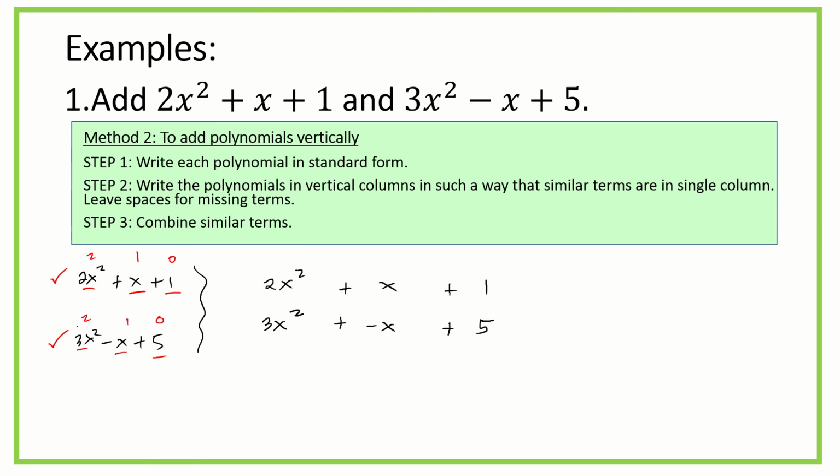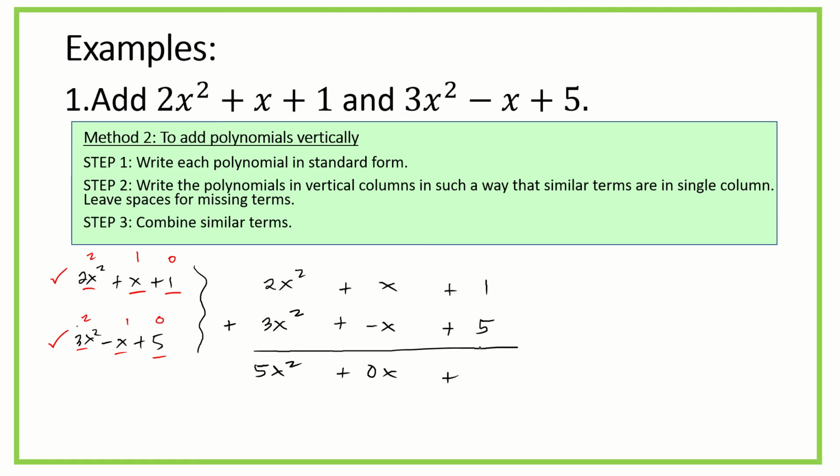And then, we now combine similar terms. And what's nice with the vertical method, we're already assured that those that are aligned are like terms or similar terms. So this is 2 plus 3, that's 5. Then copy the common literal coefficient. This is 1 plus negative 1. So that means 0.